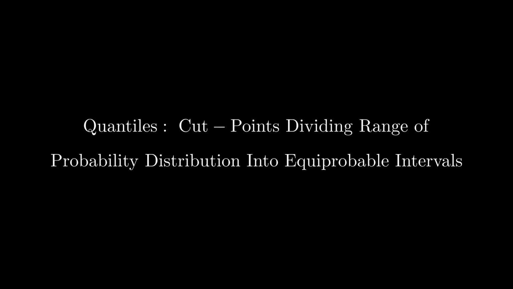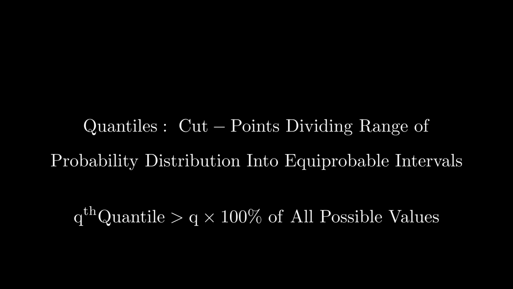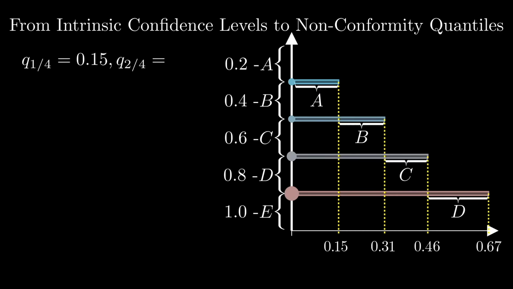And the qth quantile, with q between 0 and 1, is a value such that q times 100% of all possible values are below it.